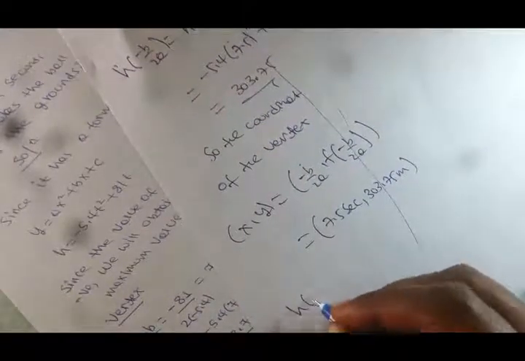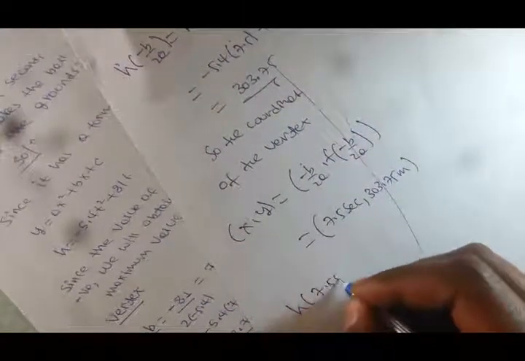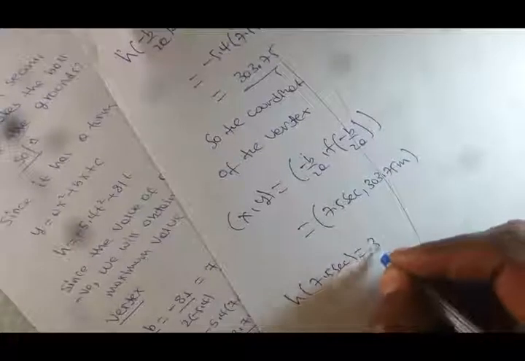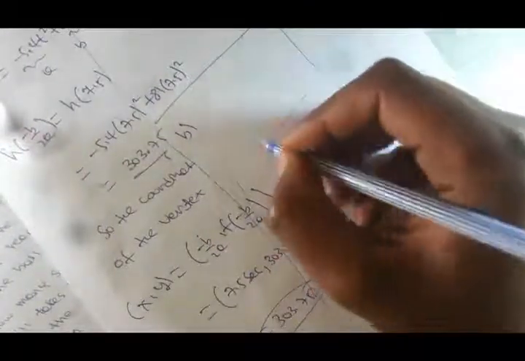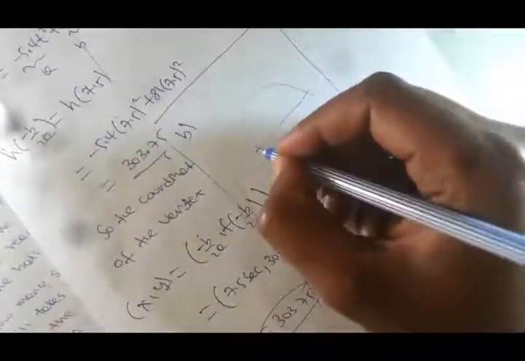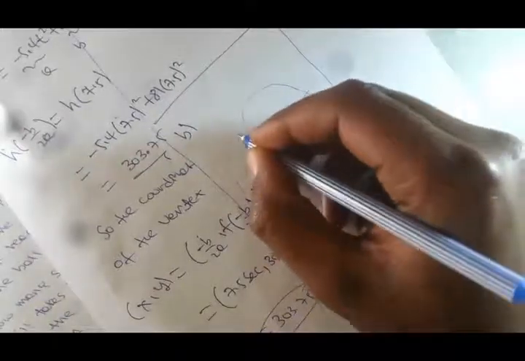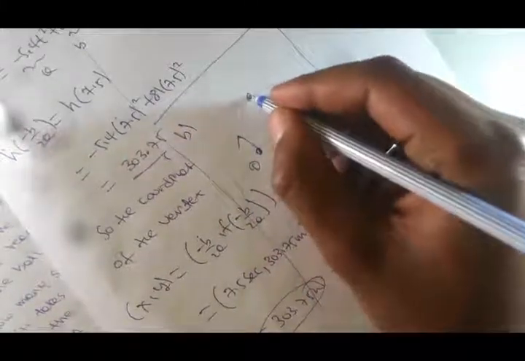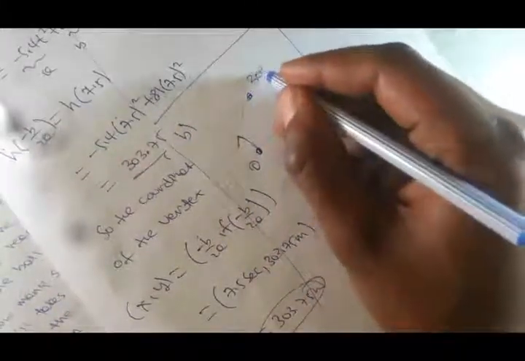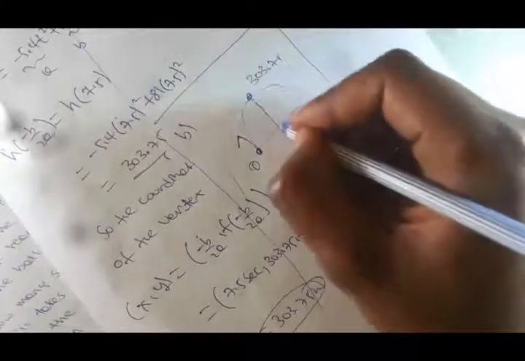Therefore h of 7.5 seconds is equal to 303.75 meters, the maximum height the ball will reach after it was launched vertically upward. And we are asked to find when the ball will reach the ground. That means let's draw the diagram. Let this be the ball, launched vertically upward, and it will reach the maximum height of 303.75 after how many seconds?